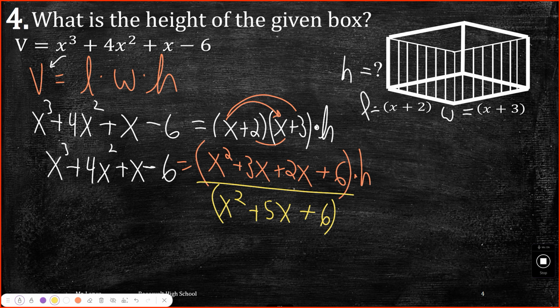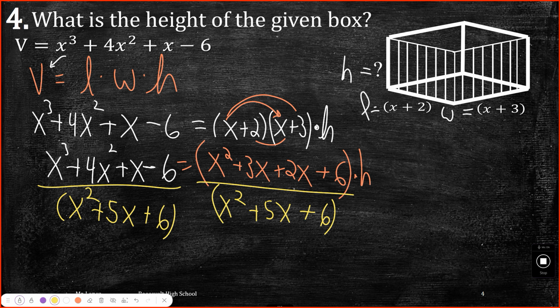And then this is going to divide into this. So now we're going to divide this third degree polynomial by this second degree trinomial. All right, I'm going to do it over there.